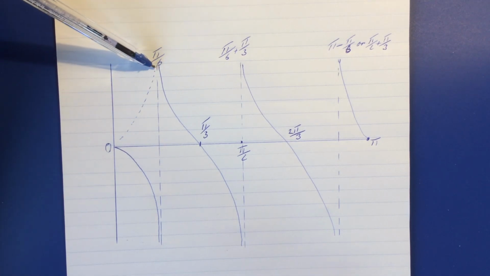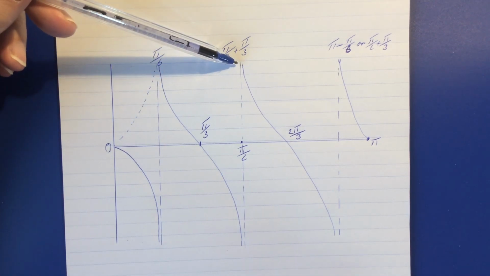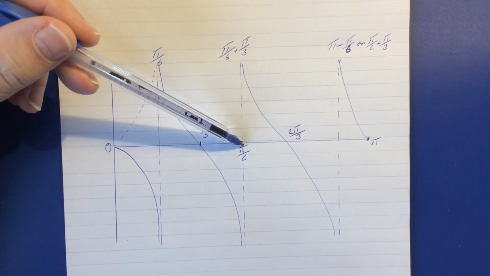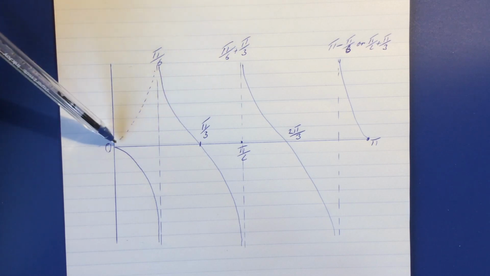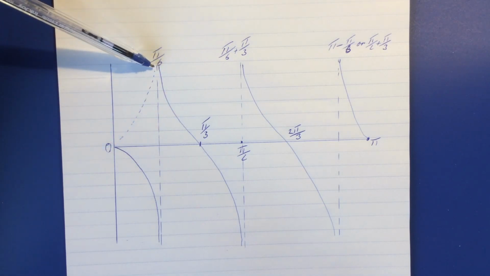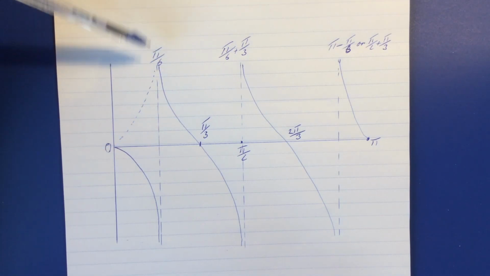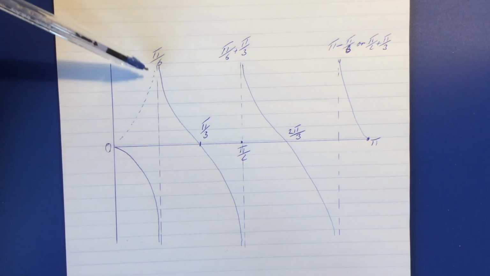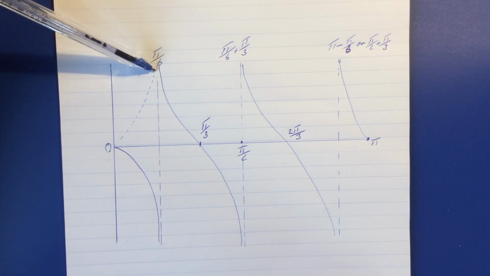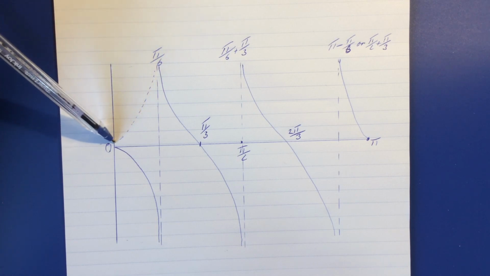Now, a normal tangent graph, as I said, would have its first asymptote at pi on 2, and it would run like that, down towards 0. So if this were positive, with our constricted period and our asymptote here, this would run down along this dotted line here, but it does not.